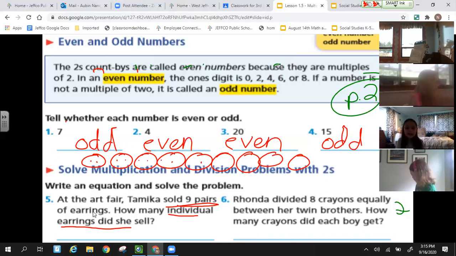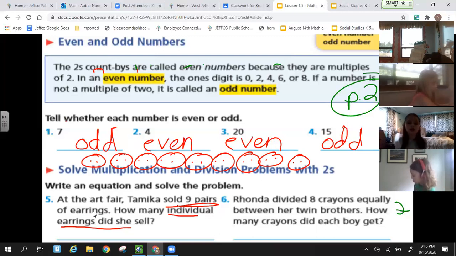See if you can come up with a multiplication equation to show how many earrings she sold individually. Good job over here, Josh.